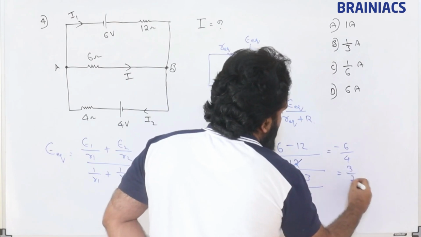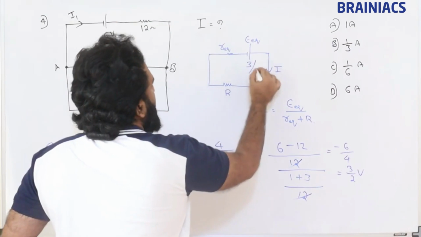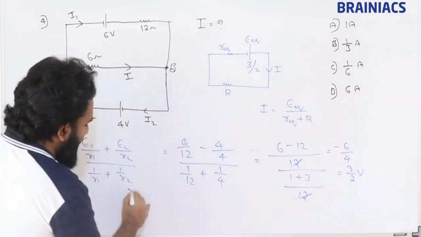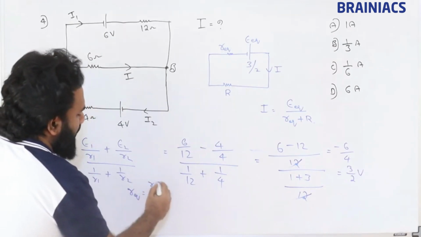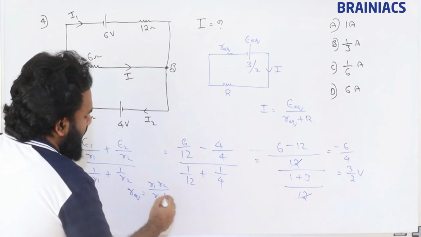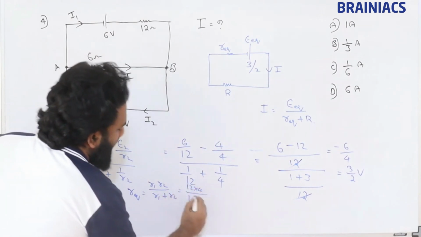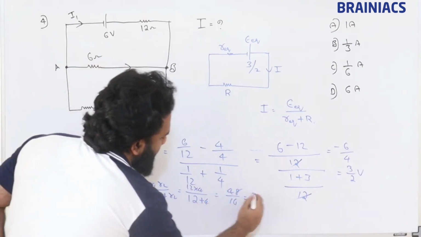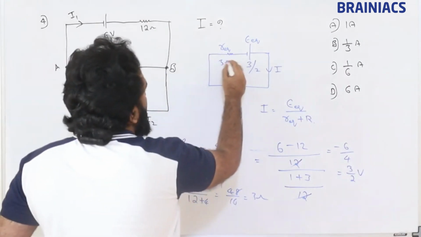So 3 by 2 is the EMF. So I am putting here 3 by 2. If we try to find R equivalent, this is nothing but R1 R2 divided by R1 plus R2. So 12 into 4 divided by 12 plus 4 gives 48 divided by 16, which is nothing but 3 ohm.